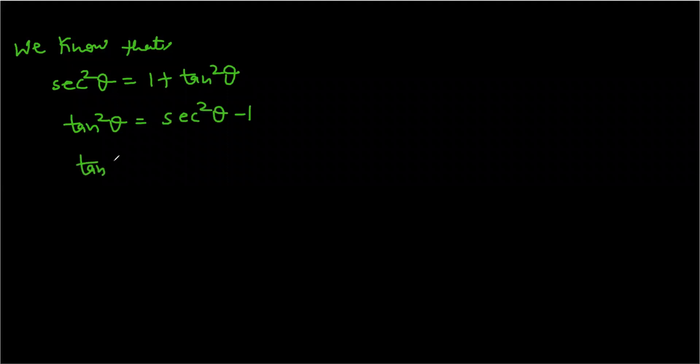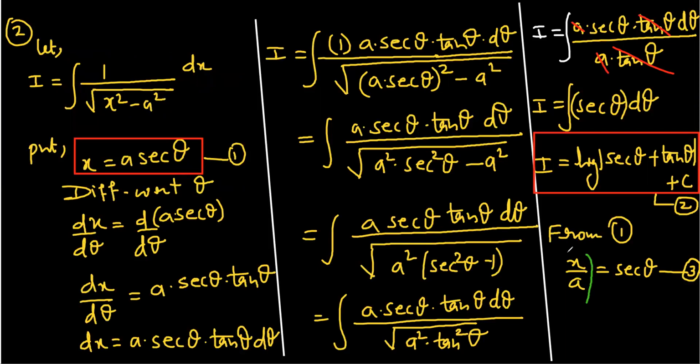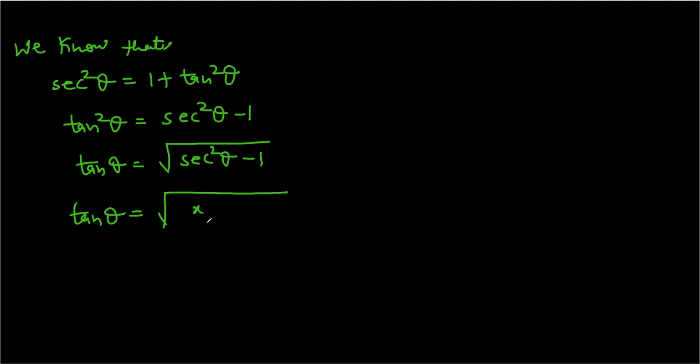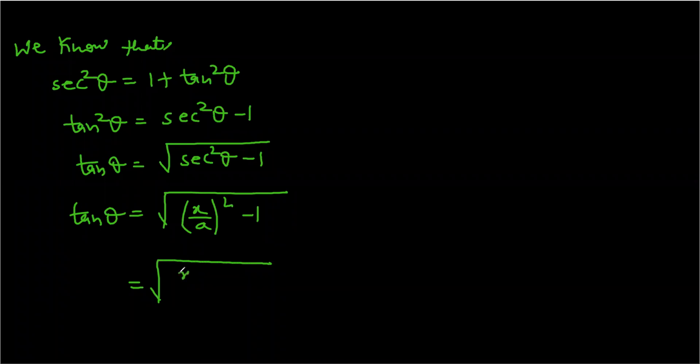So tan theta is square root of sec square theta minus 1, right? So I now substitute sec theta. What is sec theta? Sec theta was x over a. So I write here in the formula, x over a whole square minus 1. So it gets me square root of x square upon a square minus 1.